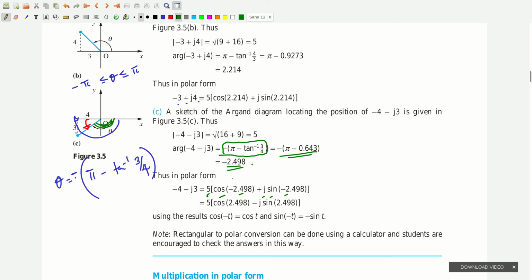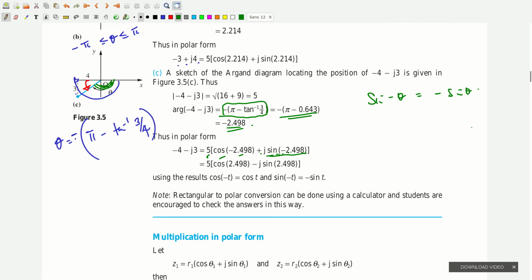Here it is sine of -2.4, and you know that we can write it as negative j sine of that, because sine of negative theta is equal to negative sine of theta. Oh yeah, they have used that. Using the results here, we know that cos of negative t is the same as cos t, but sine of negative t is negative sine t.